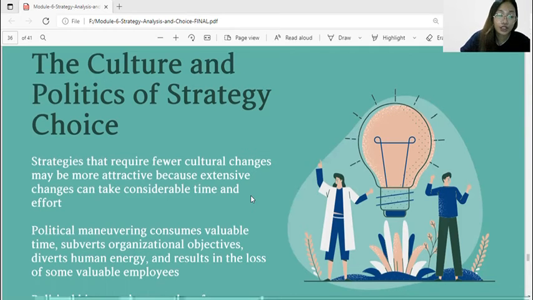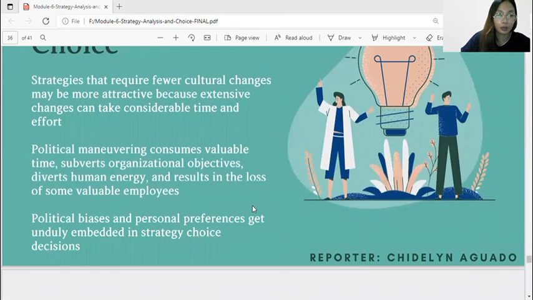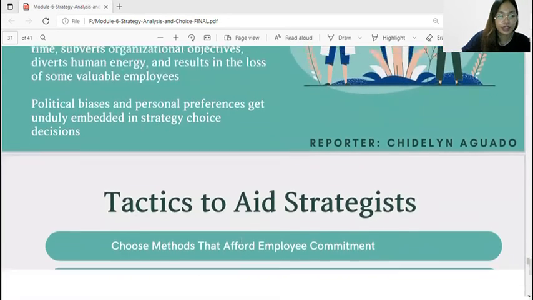All organizations are political unless managed, so political maneuvering consumes valuable time, subverts organizational objectives, diverts human energy, and results in the loss of some valuable employees. Political biases and personal preferences get unduly embedded in strategy choice decisions.